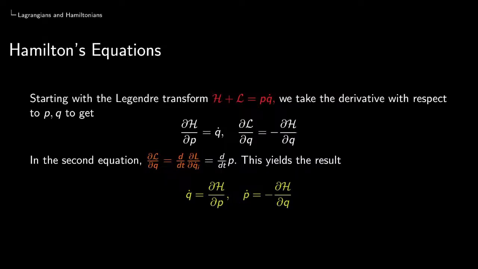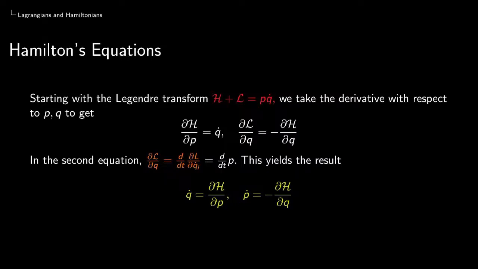The second equation can be substituted in. You can replace one side of the Euler-Lagrange equation for the other side, so you get d/dt of dL/dq dot.